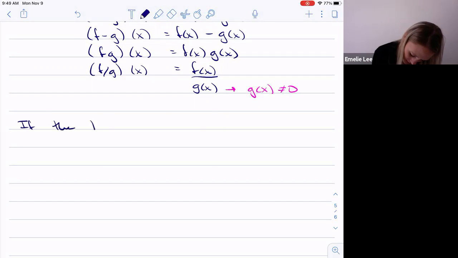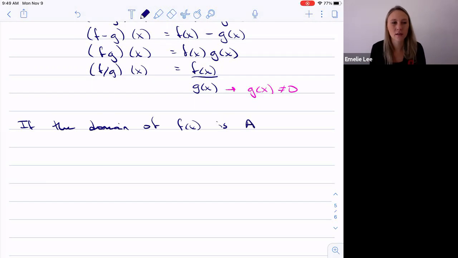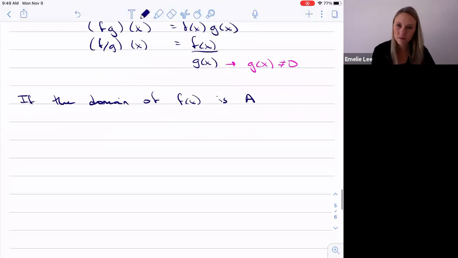So if the domain of f of x is A, just some set A, all real numbers, for example, right? If you're allowed to put any number into f of x, then the set of real numbers would be A. Or if x can't be equal to 2, for example, if I'm dividing by x minus 2, then A would be all real numbers except x equals 2.